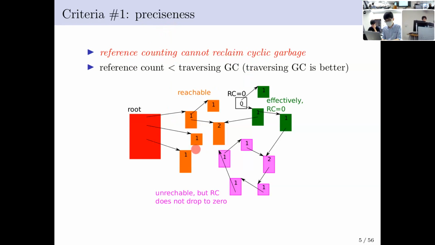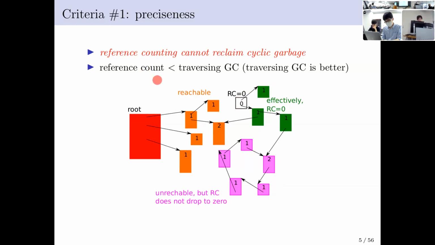So take a look at this object graph. In the case of the traversing garbage collector, it identifies all the objects that are reachable from the root. As a result, it is going to identify these orange objects as reachable from the root and identify other things as garbage, and therefore collectible, reclaimable.